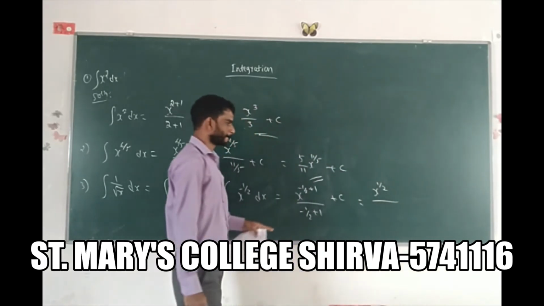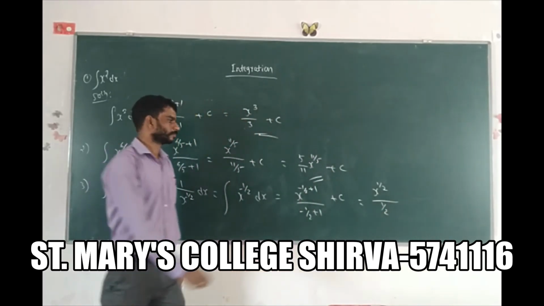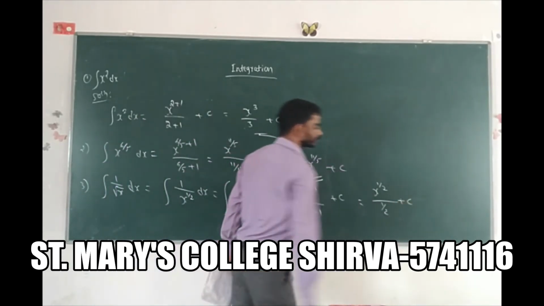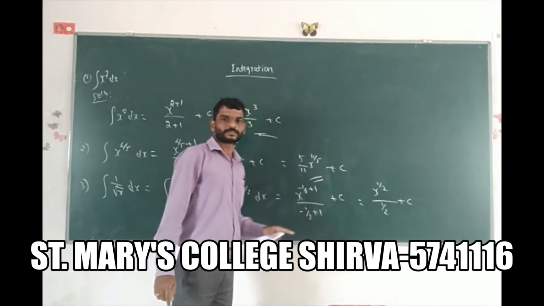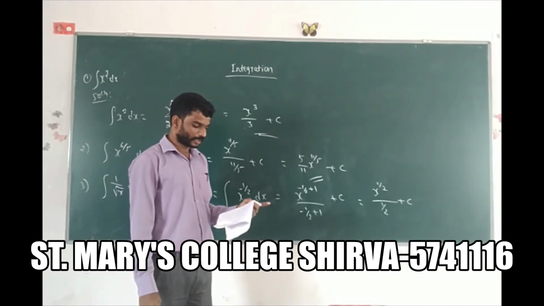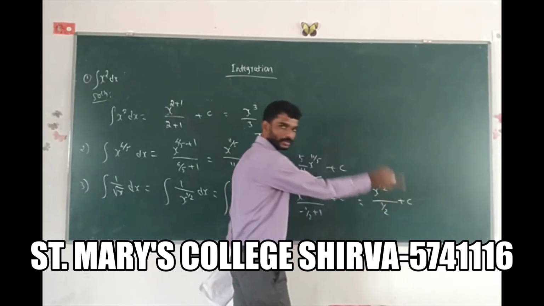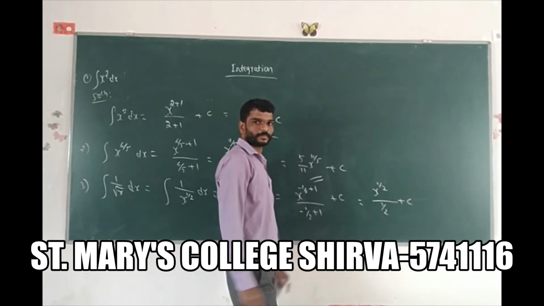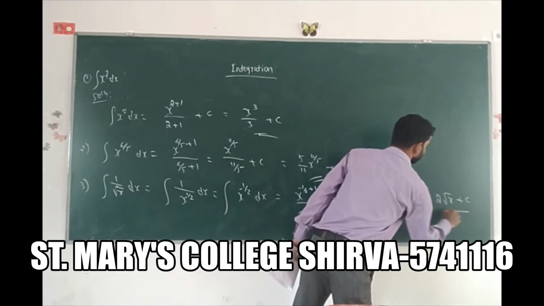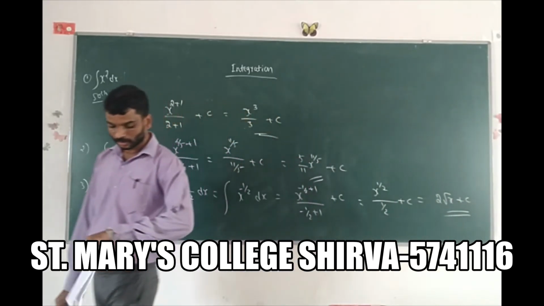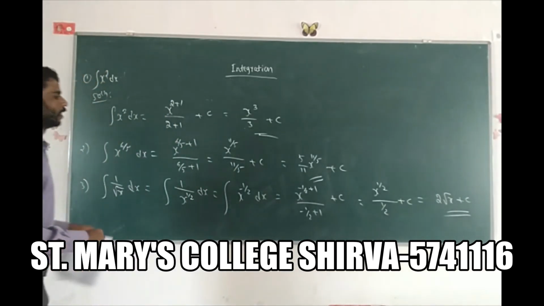The denominator is 1 by 2. x power half means root x, and 1 by 2 going to the numerator becomes 2 by 1. So the answer is 2 root x plus c.